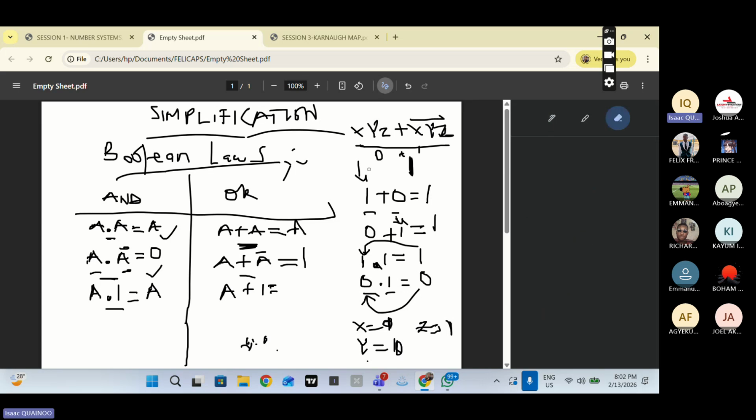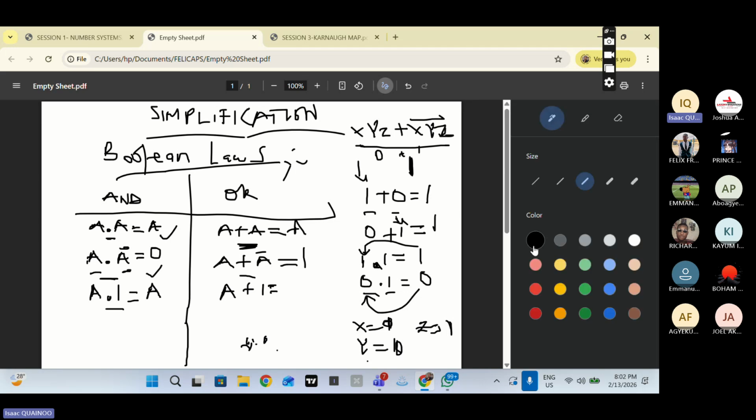So x, y, z plus x, y, z all bar will give us 1. And the reason why it justifies the law exactly is that if you take this here, you can label x, y, z as A. So you have A here plus x, y, z bar, which is A bar.